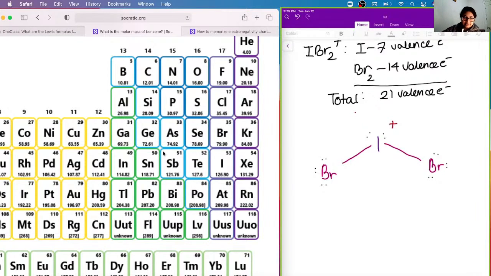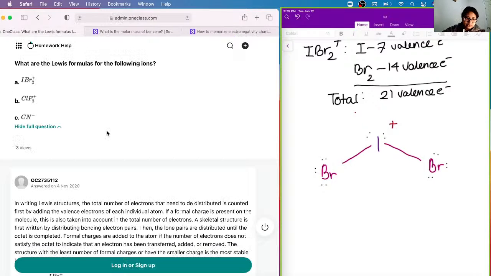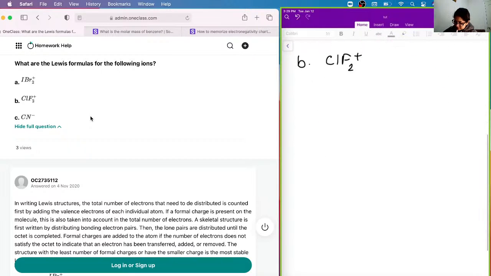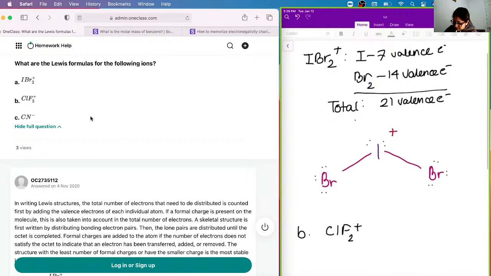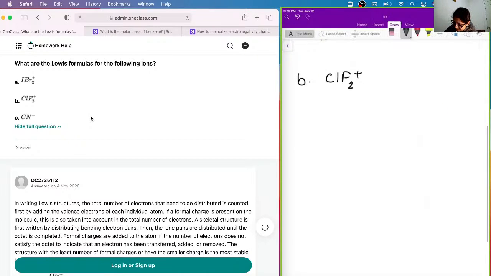And now let's go to our next one, which is C. We do the same steps for B, which is ClF2, right? Okay, so now what we need to do is first find the total number of valence electrons. You have chlorine, and we know that chlorine is in group 7, right?